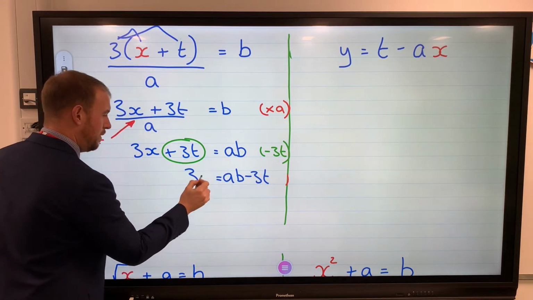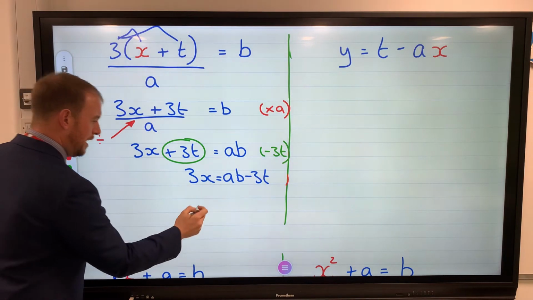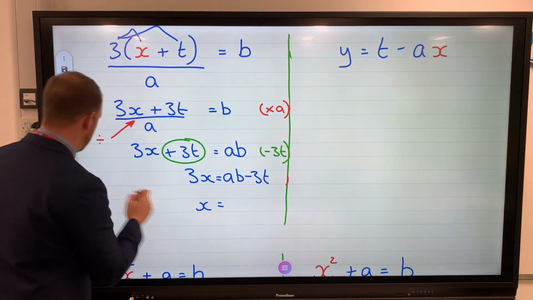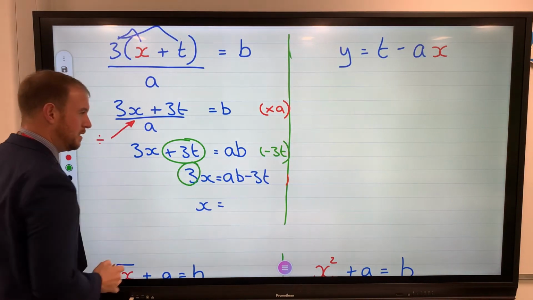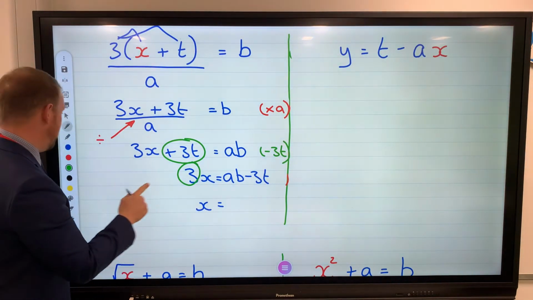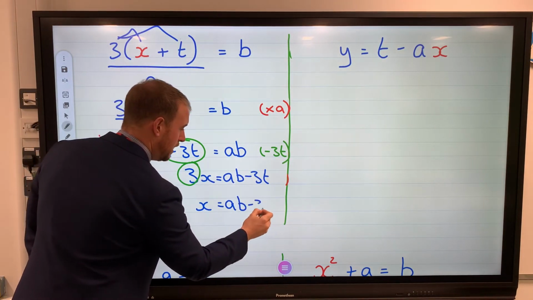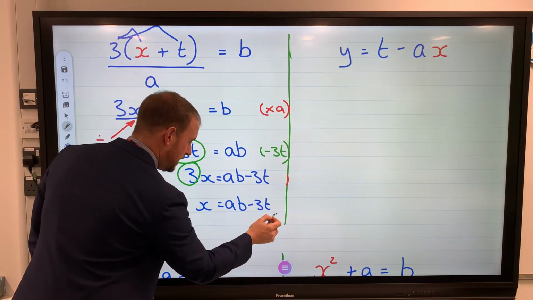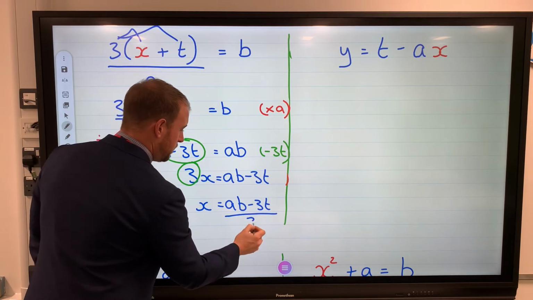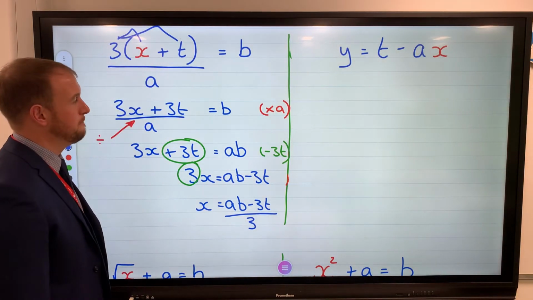So we are now nearly there. You see I just brought this 3x down. I want x by itself, which means I need to eliminate this 3. Well, remember from before, when they're stuck together, inverse will be to divide. So ab take away 3t, divided by 3, leaves x as the subject.